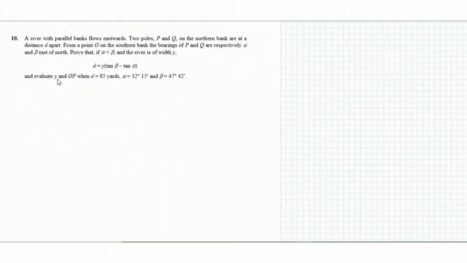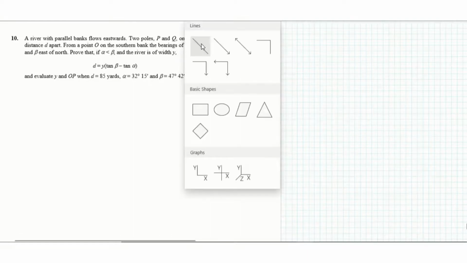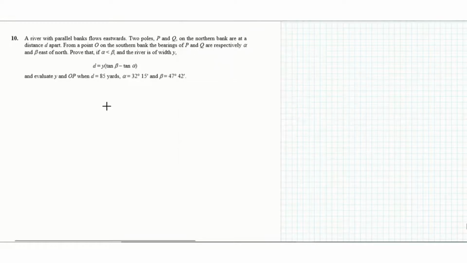Right, the final question for this paper is about 2 poles on a riverbank. So, a riverbank with parallel banks. Well, time for drawing some lines.